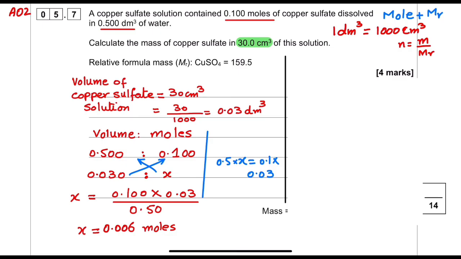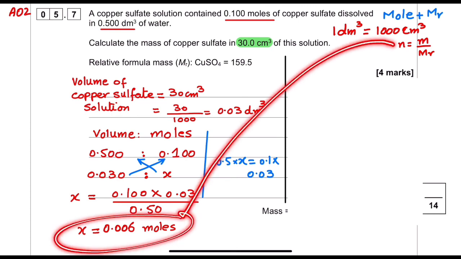So X is equal to 0.1 multiplied by 0.03 divided by 0.5, and the number of moles of copper sulfate in 30 cm cube is 0.006 moles. We got the number of moles.